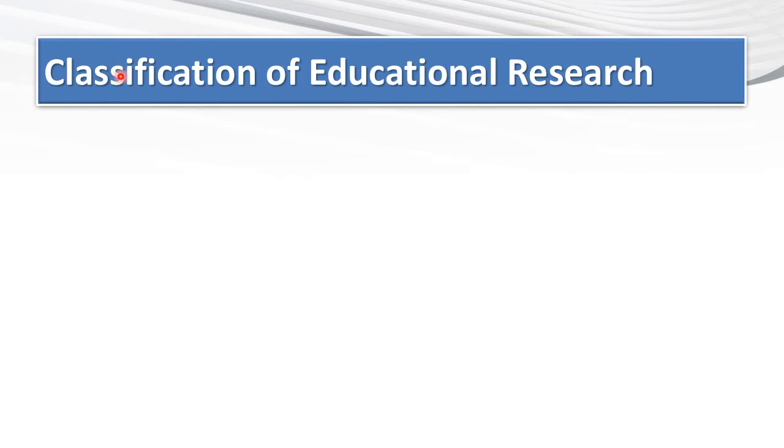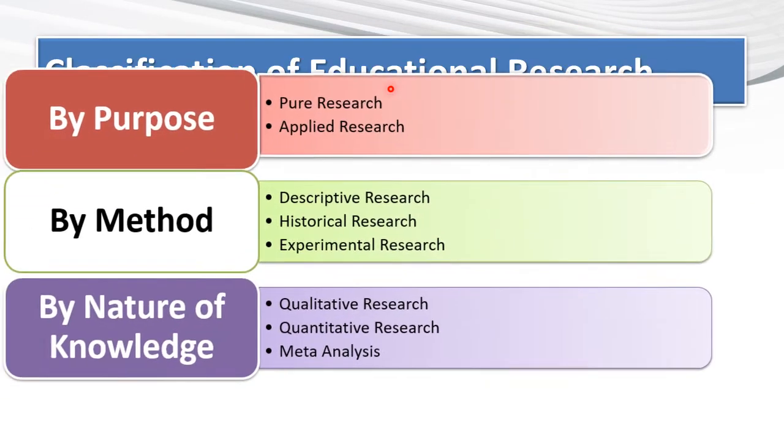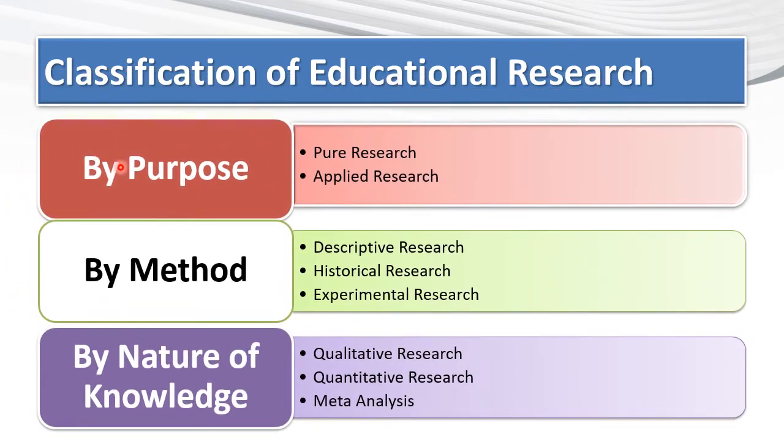So now let's look at the classification of educational research. Educational research can be classified either by purpose, by method, or by nature of knowledge. Now, when you say educational research by purpose, it can either be pure research or applied research.